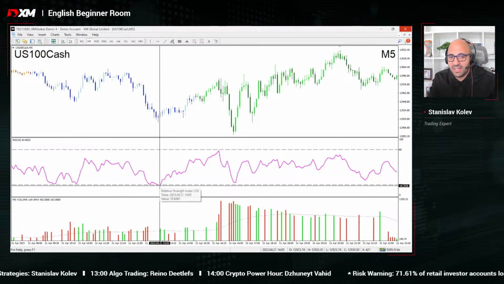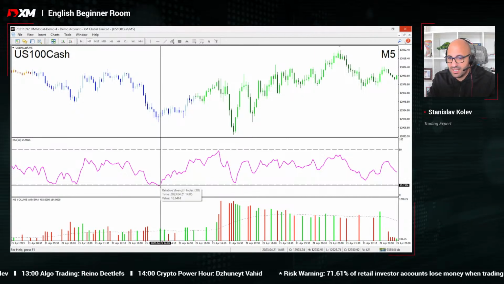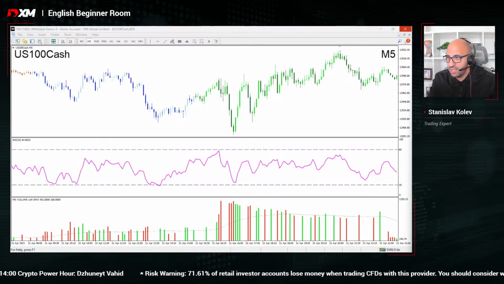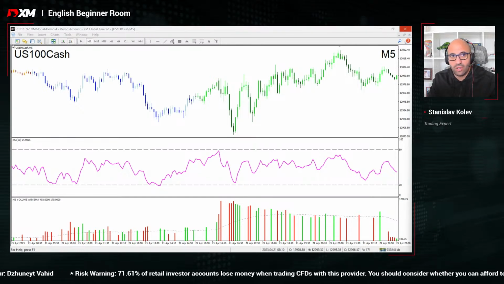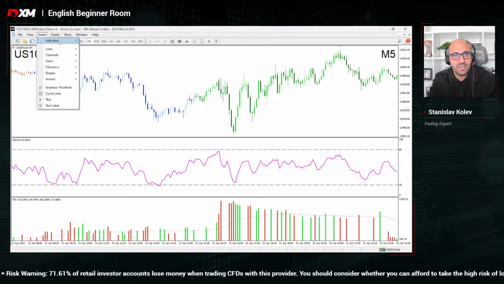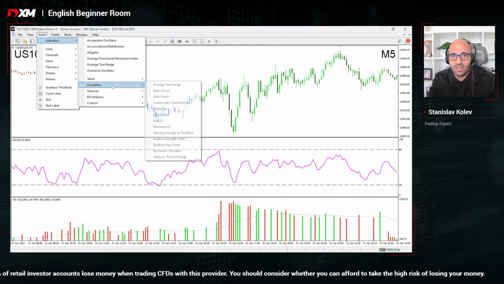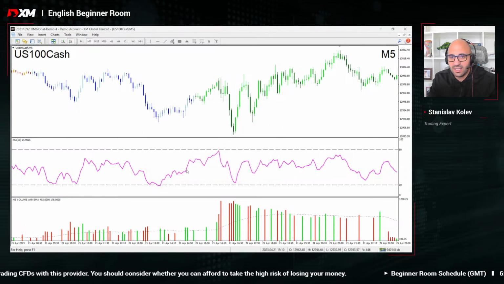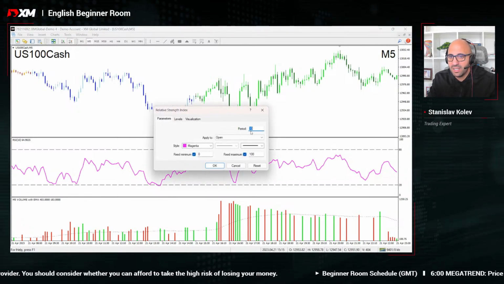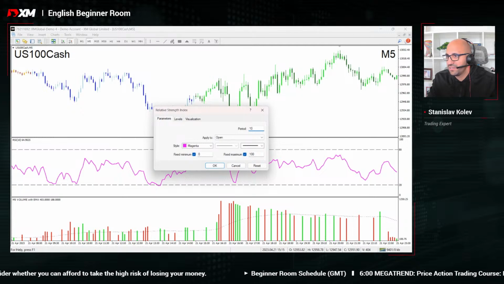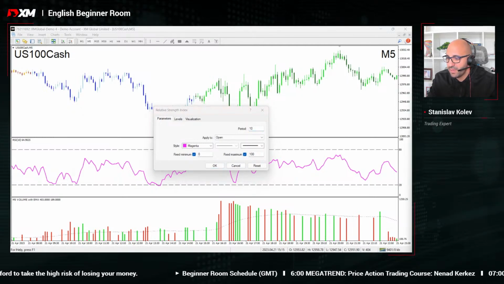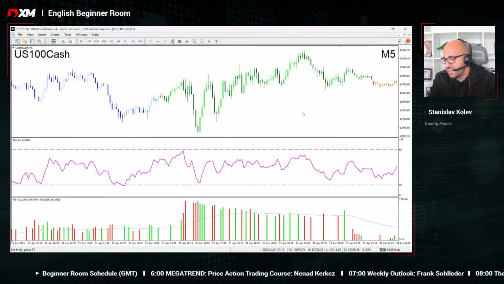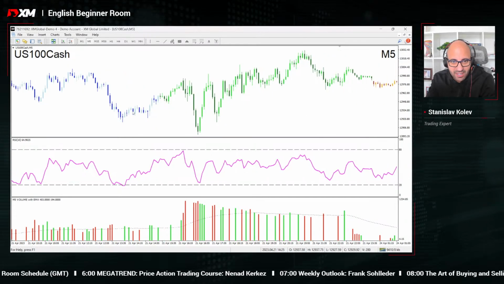The second indicator is the RSI. You don't have to download it from anywhere. You just go to insert, indicators, oscillator, RSI, click it, and it's going to appear. We're going to start with the period of 10. The third indicator is the sessions indicator.